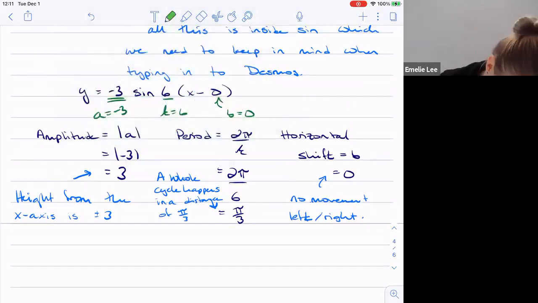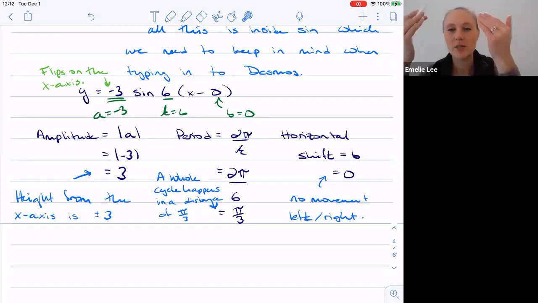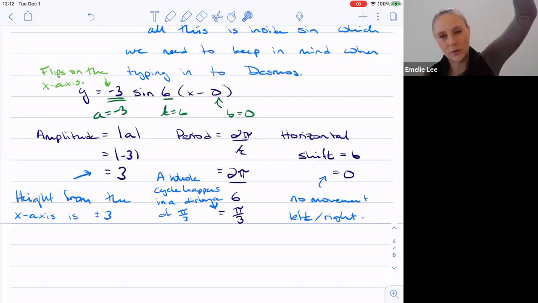So here, I'll just write, flips on the x-axis. So we know we start at 0, 0, and then instead of heading up, we're actually heading down, because it's flipped, so it's gone like this. And then I've got this stretched out, but also smushed together graph.